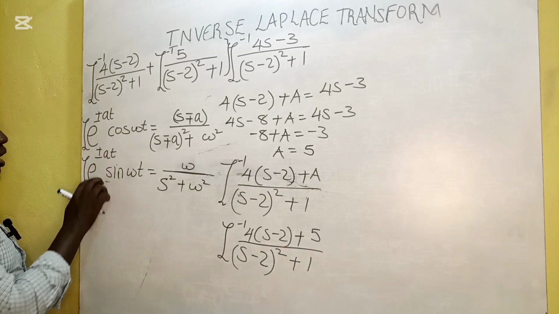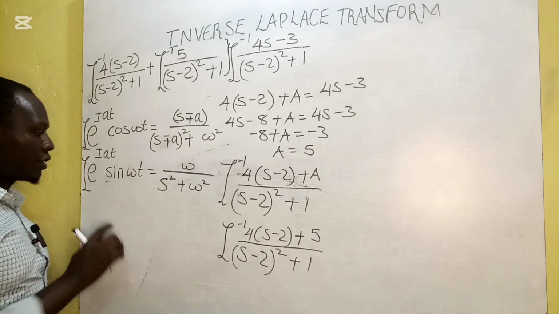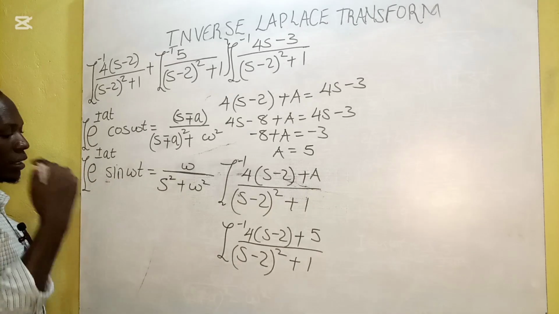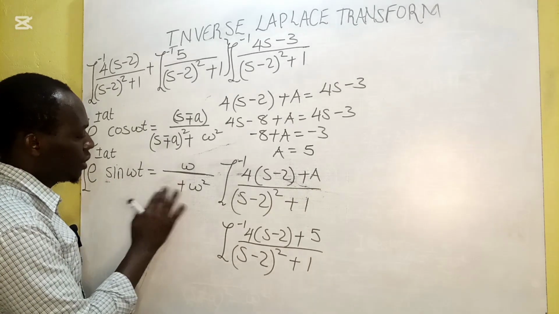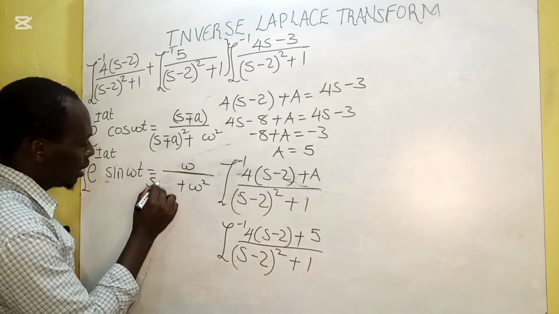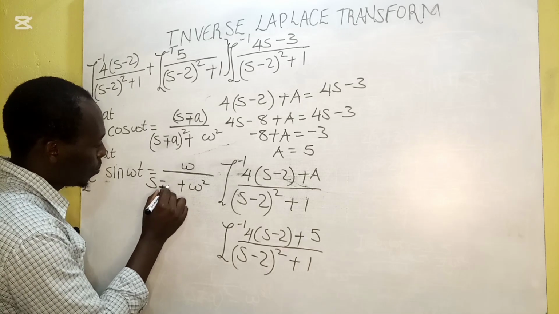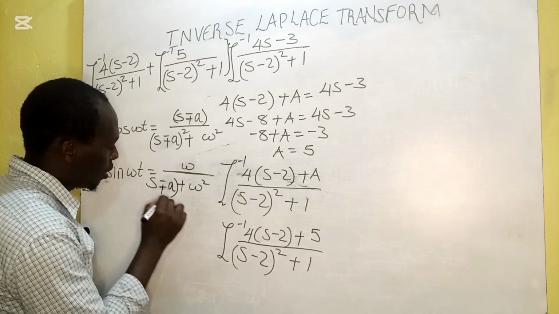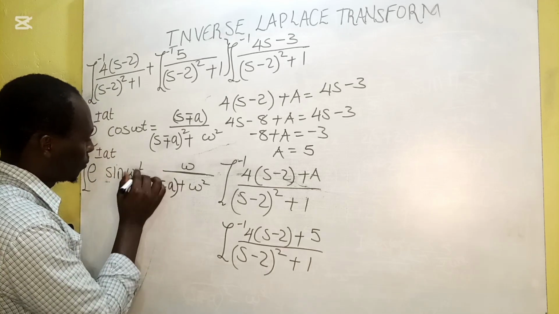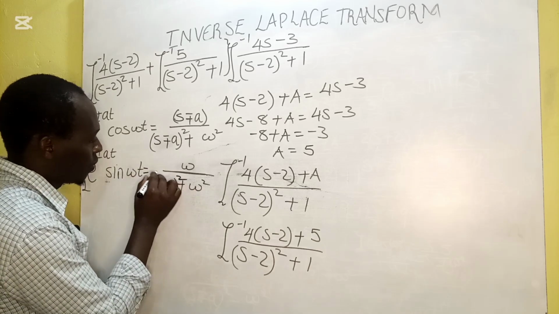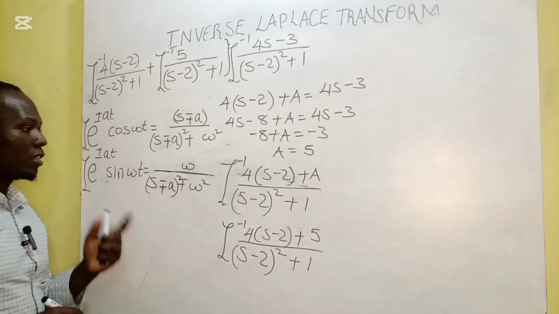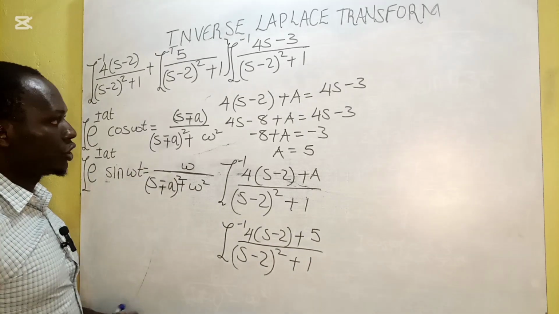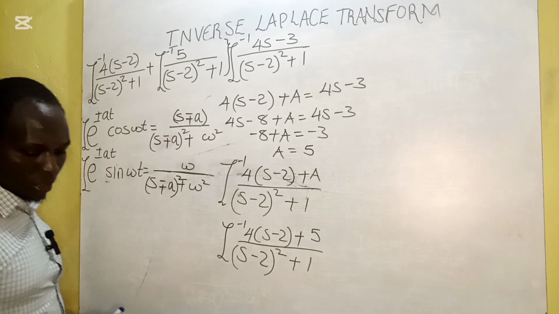But since we are carrying out the first shift theorem, it means that the term of s must be shifted, and here we are going to have s negative or positive of a, everything squared. This is how we do the first shift theorem.